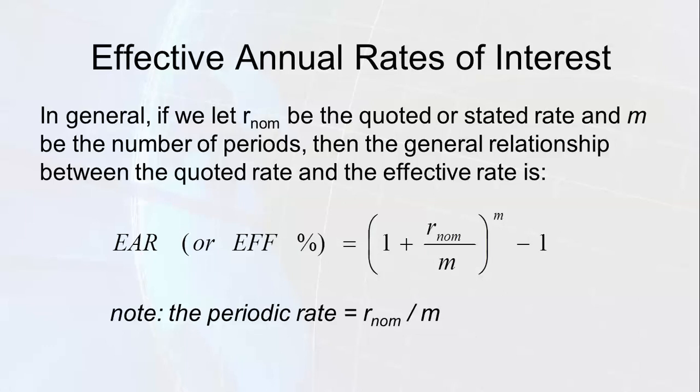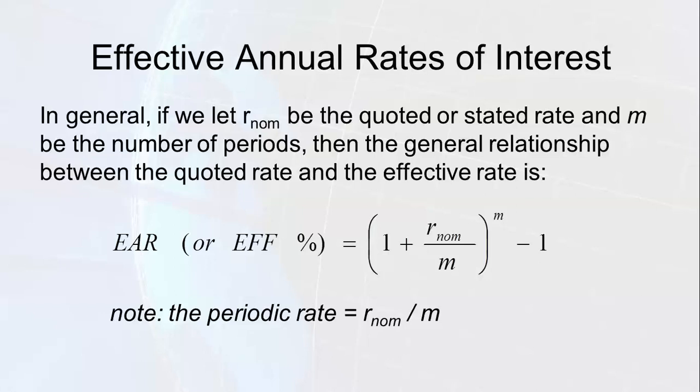In general, the nominal rate is referred to as the annual percentage rate. The rate can sometimes be called the discount rate, sometimes APR, sometimes the nominal rate. Basically, whatever you have, those rates are the quoted rate.